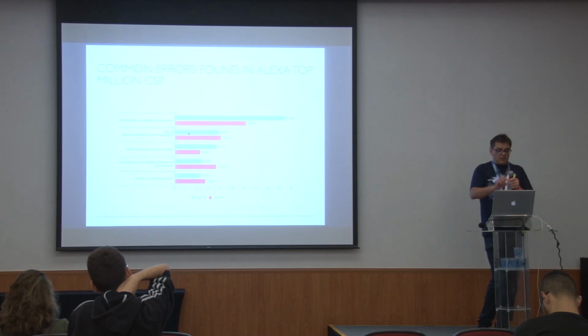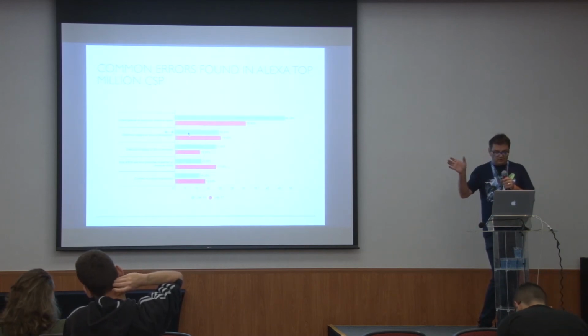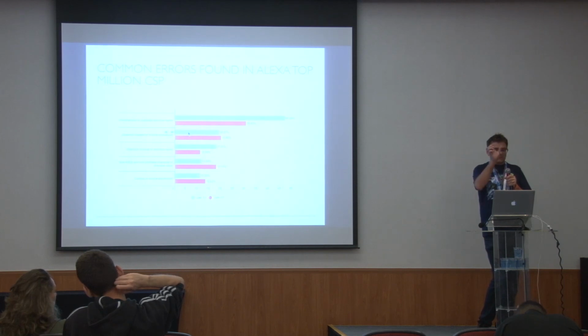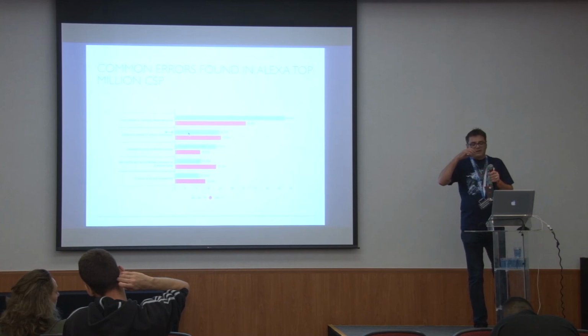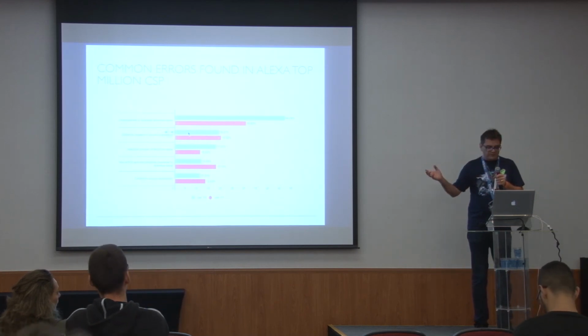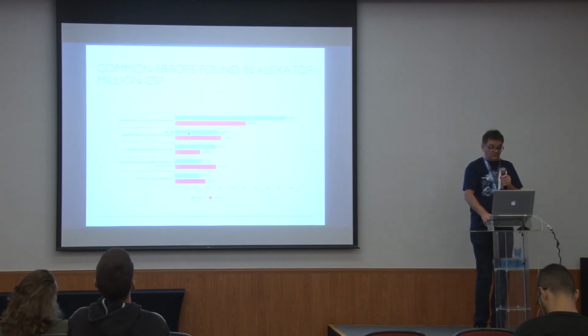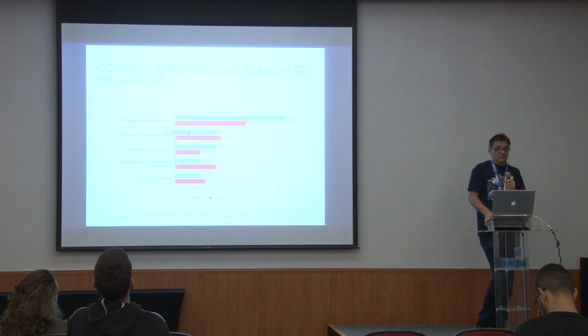Or they have some typos in the value part of the CSP, like they have script source, which is valid, but then they have some typos or some illegal characters that are basically making the browser ignore the whole directive.